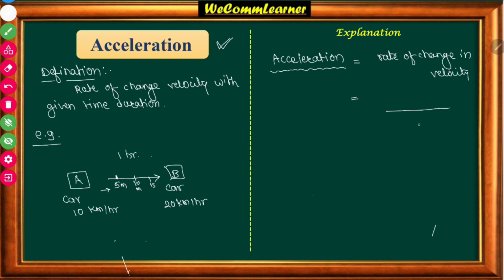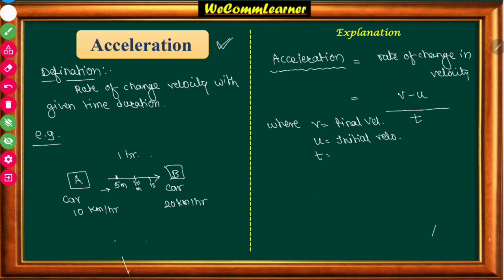Rate is always with respect to time, and change of velocity means your final velocity minus initial velocity, where v is your final velocity and u is your initial velocity.